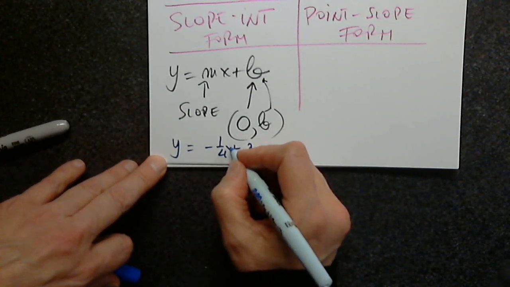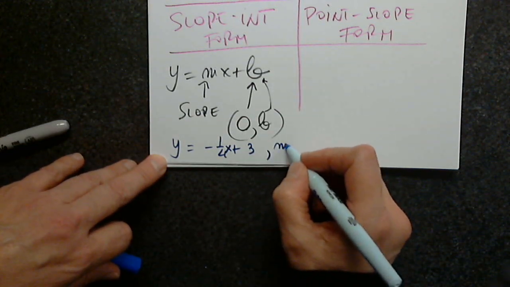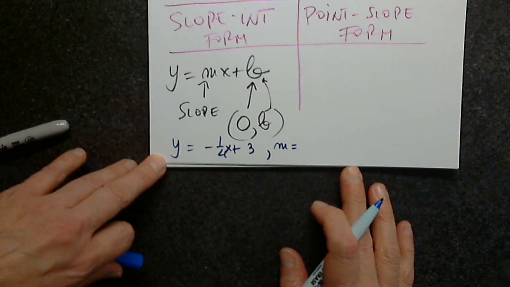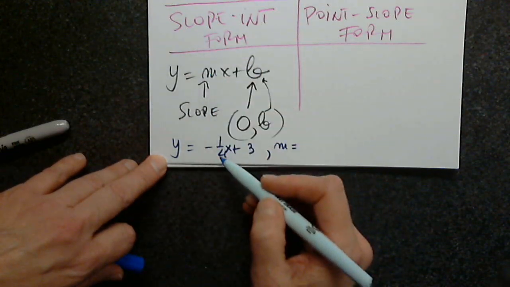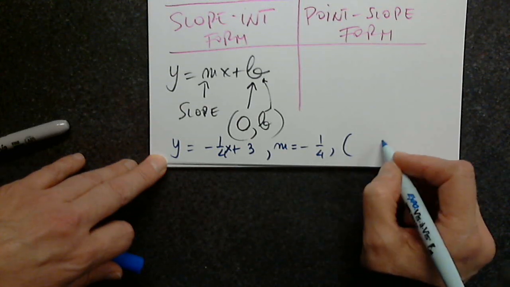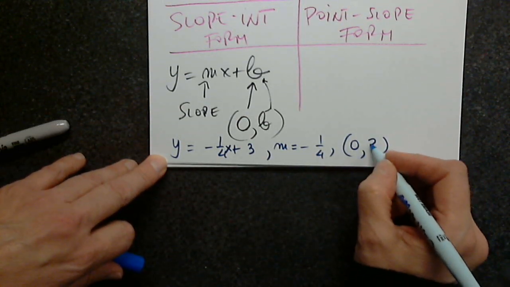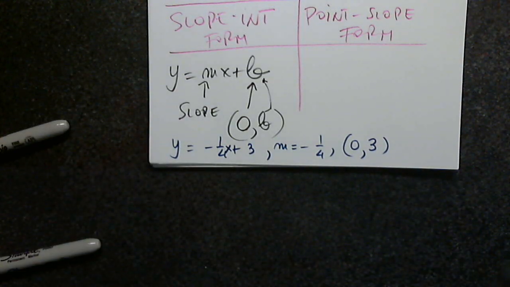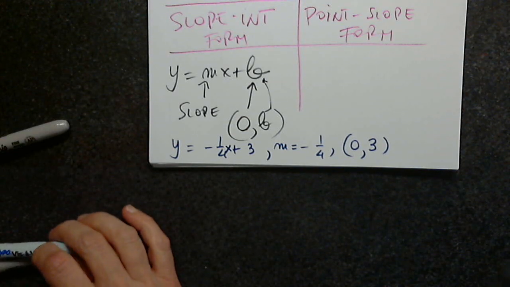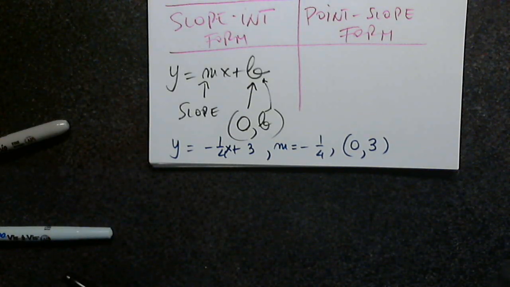Can anyone identify the slope here? Yes, because we compare, right? So the slope is negative 1/4. And can anyone identify the y-intercept? 0, 3. Any questions on this?